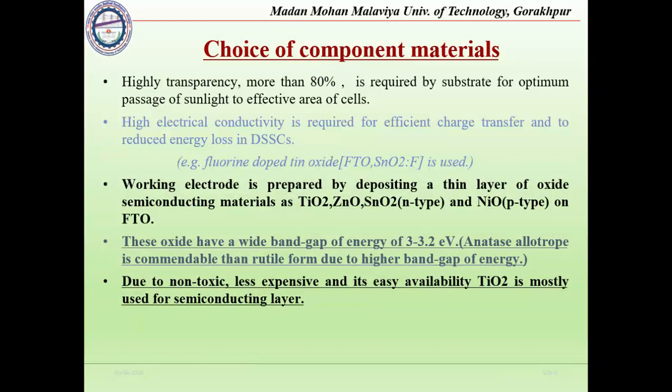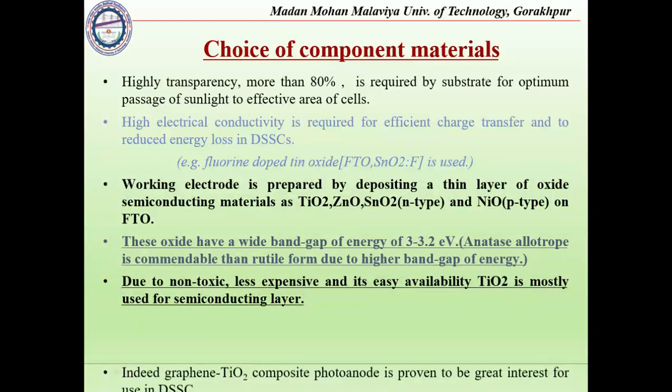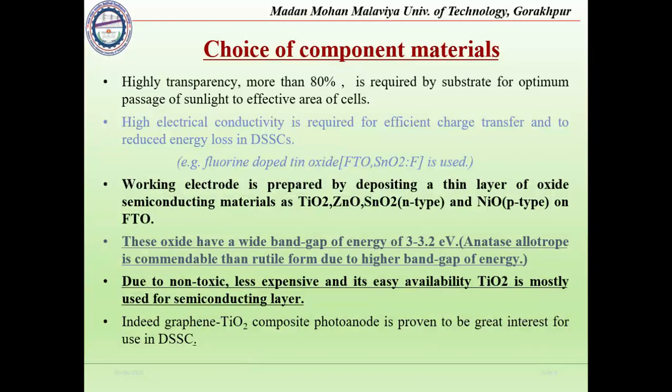We mostly use titanium dioxide because it is less expensive, and its easy availability makes it widely useful in dye-sensitized solar cells. Nowadays we also use carbon-sensitized graphene titanium dioxide composite photoanode as the electrode in the solar cell.